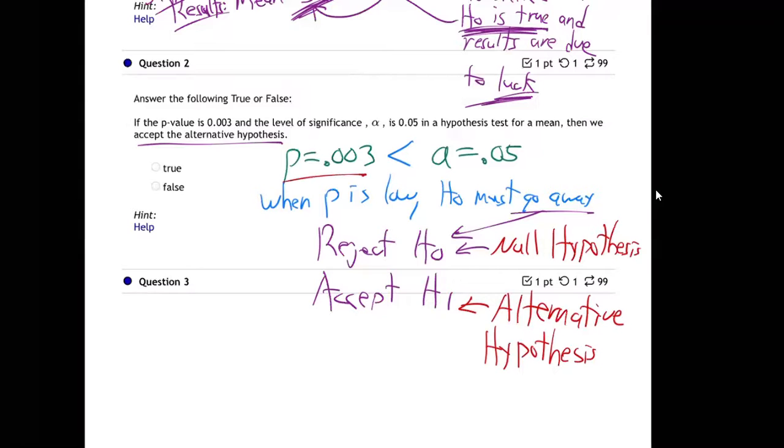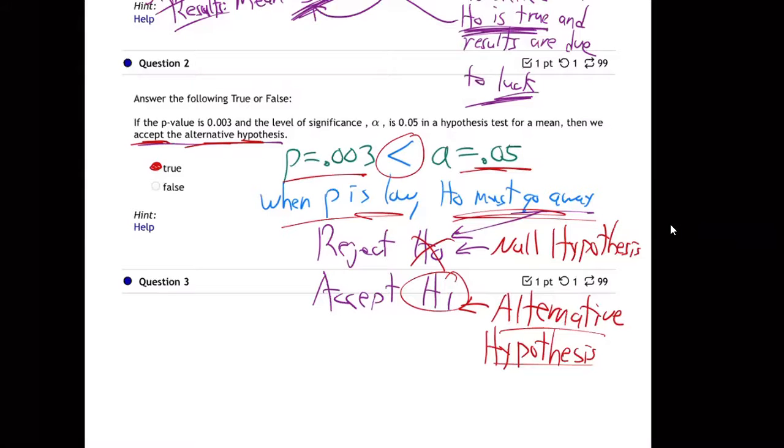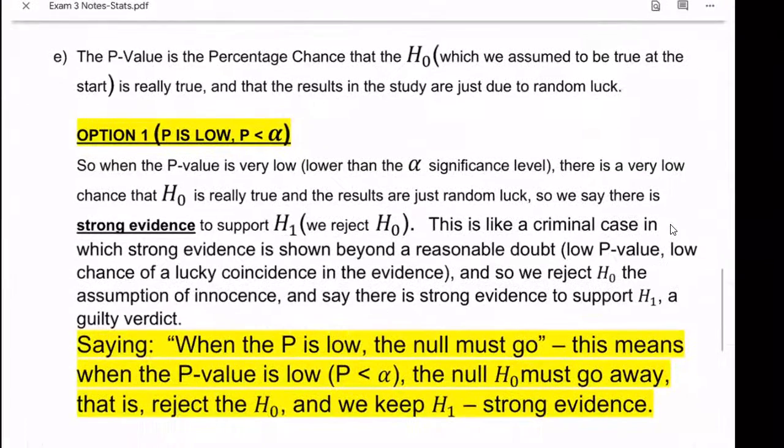Well, if the P is 0.003 and the alpha is 0.05, then the P is lower. And so the H0 must go away. So we reject the null and we accept H1, which is the alternative. They said, accept the alternative. True. That's exactly right. So you just have to go through those rules that I gave you right down here on the exam 3 notes.